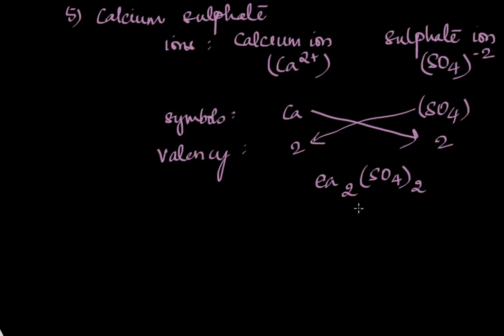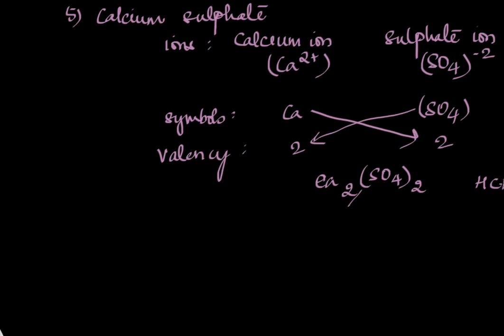Now you'll notice that both calcium and sulfate have the number 2 right at the bottom. So this 2 can be simplified by dividing by the highest common factor. The highest common factor between these two numbers is the number 2 itself.